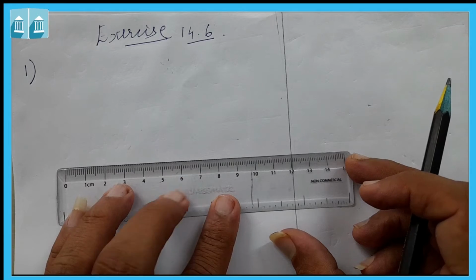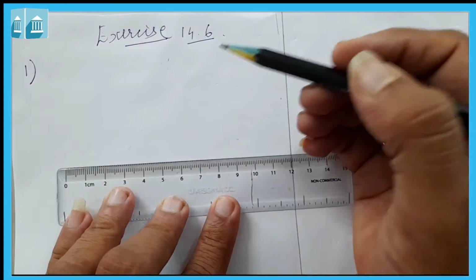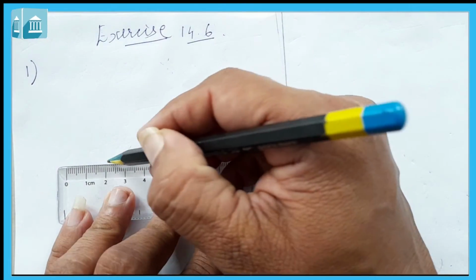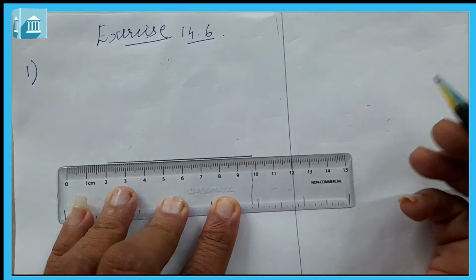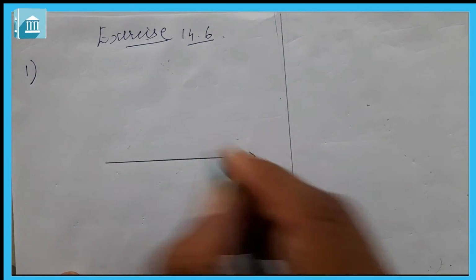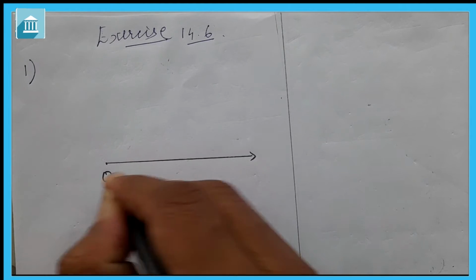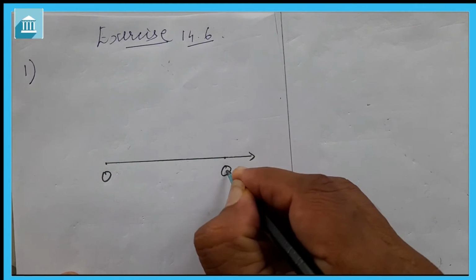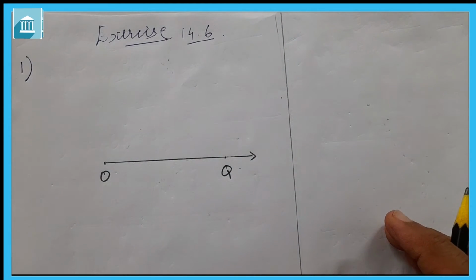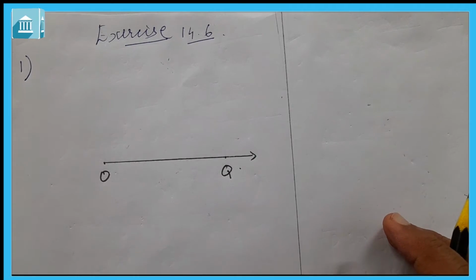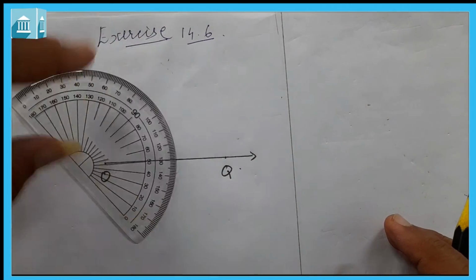So POQ, let it be O, it will be Q. Then with the help of protractor first we will draw 75 degree angle.